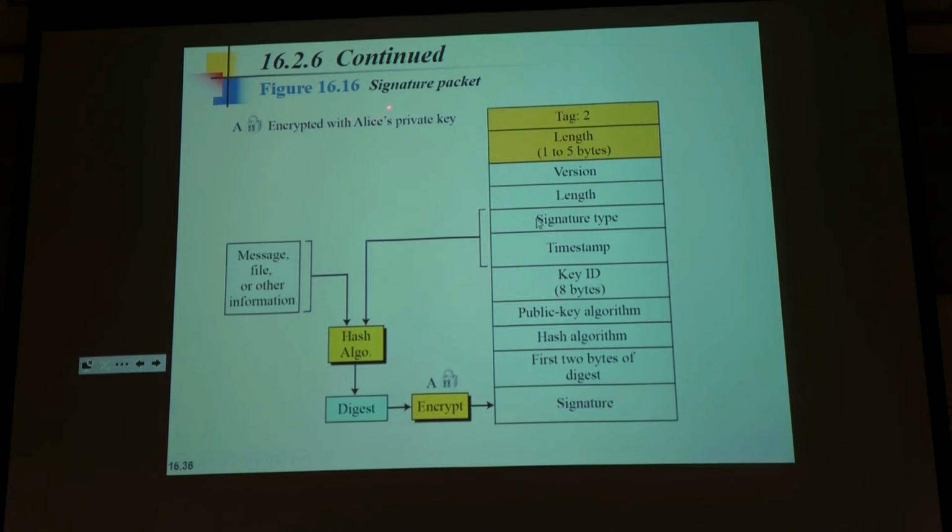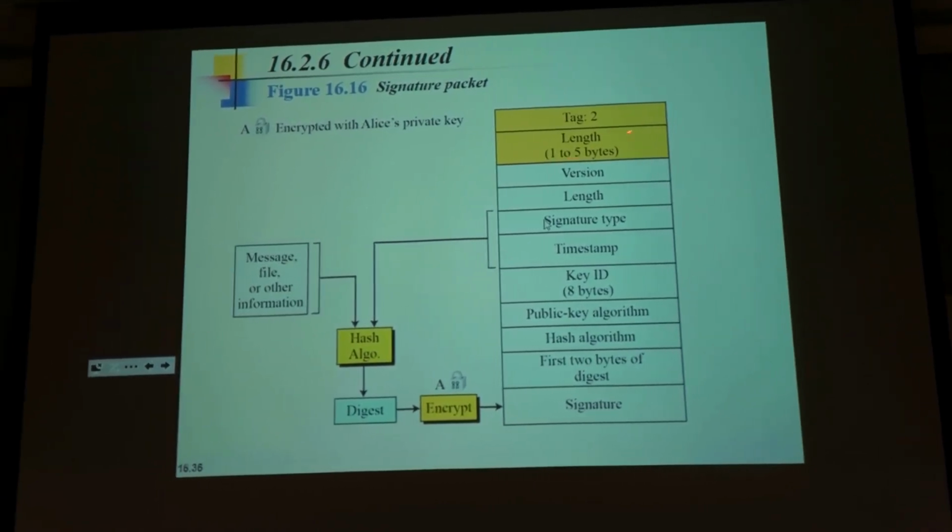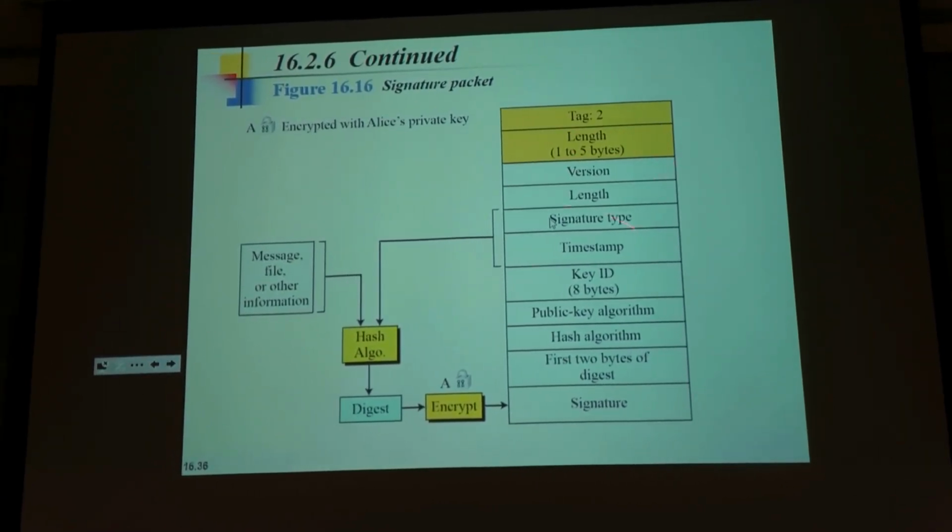All right. Then you have the signature packet. You could send a signature packet with PGP. So the tag will be number 2, the length, the version, the length, the signature type, the timestamp, the key ID. The key ID and the timestamp will go to the hash as input with the message file. And they will create a digest, and then we encrypt the digest, and this becomes the signature.